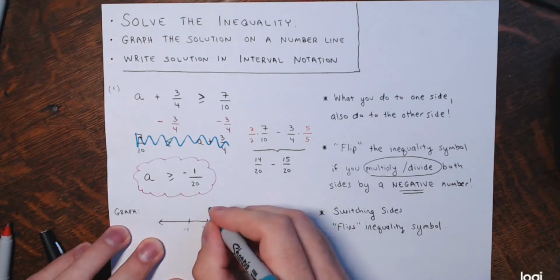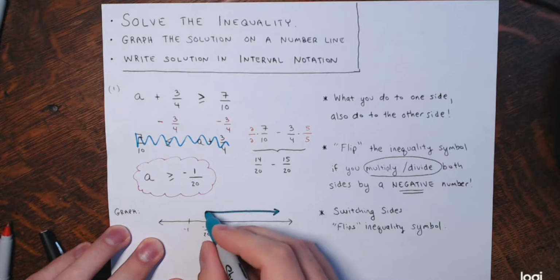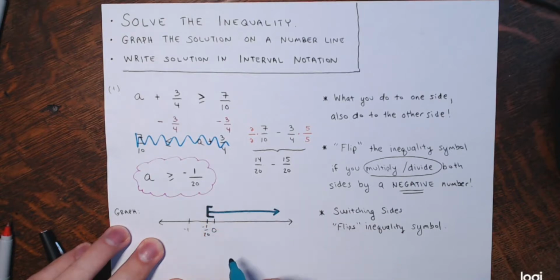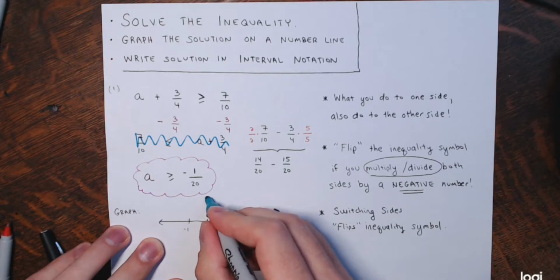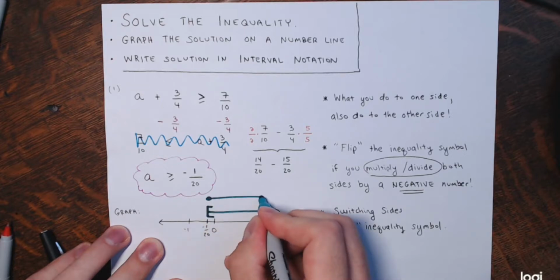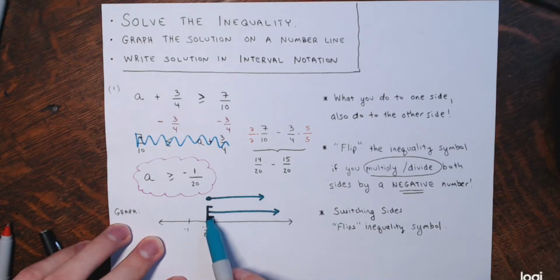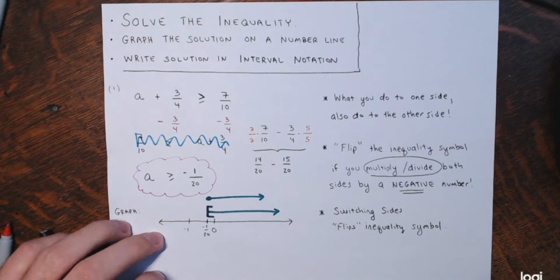So that might be indicated by just a closed dot above -1/20, or in some books you'll see the rectangular bracket. So you might see this, or you might see this with a closed dot and then an arrow. Same thing. Either way, it's indicated that -1/20 is a solution. All right, so there's the graph.